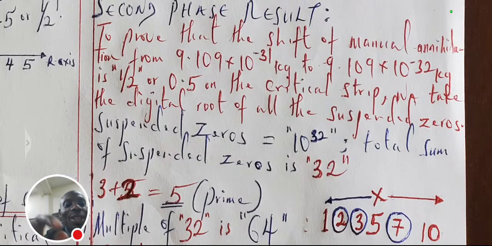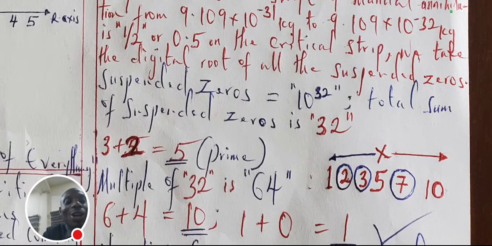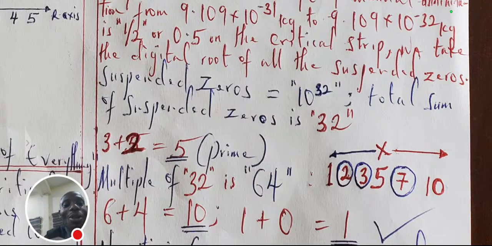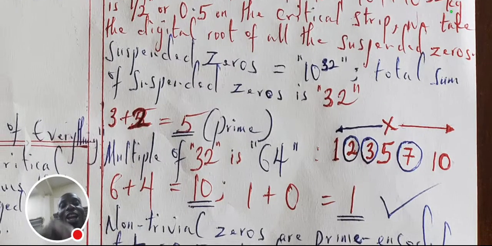So now we have these 32 zeros, non-trivial zeros, to work with. To get the digital root, the 32 is more than a single digit, so we say 3 plus 2, which gives us 5, and 5 is a prime number.